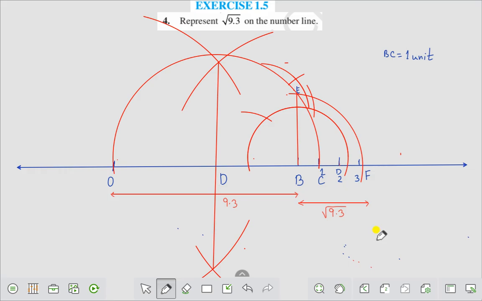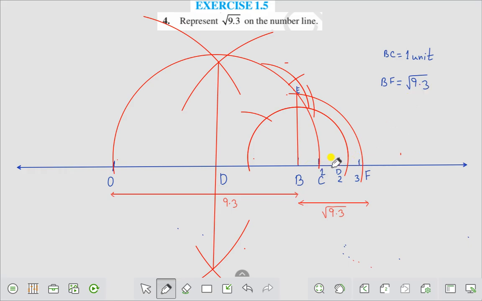BF, this point is F, B to F, and that is equal to root over 9.3. You're getting more than 3, that means it is 3 point something, right?